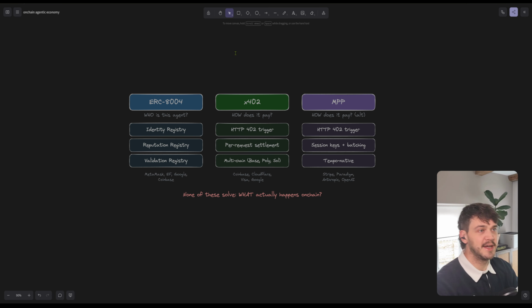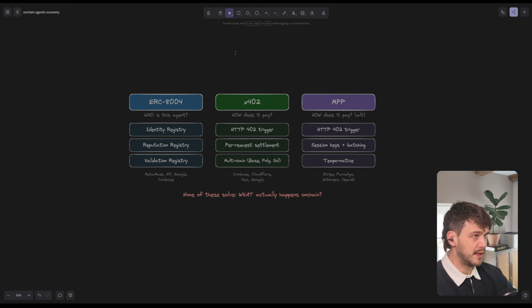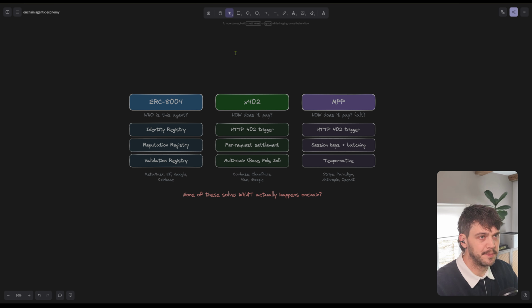The agent then signs a payment and retries. On the side, Coinbase also runs a facilitator service that handles the verification and settlement. x402 is blockchain agnostic, so it will work on Base, Polygon, and Solana. It also settles each payment individually, and of course, this is on-chain.